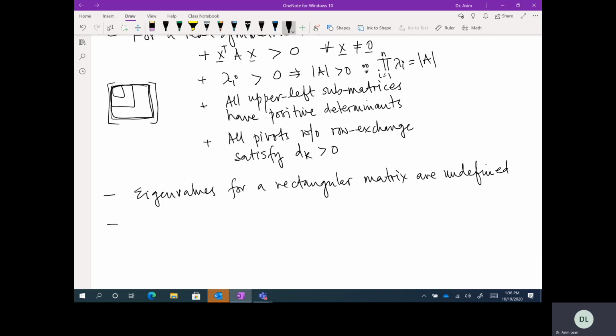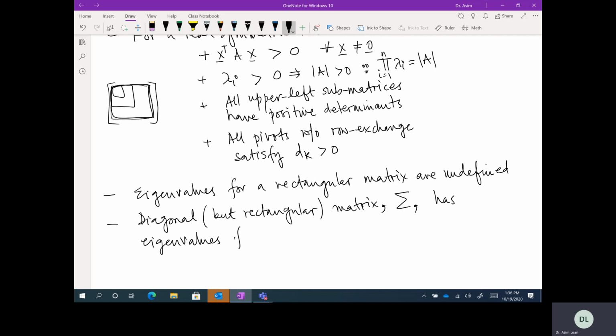And the diagonal but rectangular matrix sigma, and I'll tell you why it's diagonal but rectangular, has eigenvalues from A transpose A and not A.